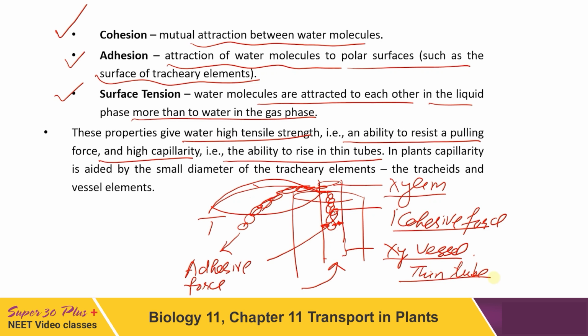In plants, this capillarity is aided by the small diameter of tracheary elements, that is tracheids and xylem vessels, and because of this water will be pulled up. It has to go up to the height of the plants, right?